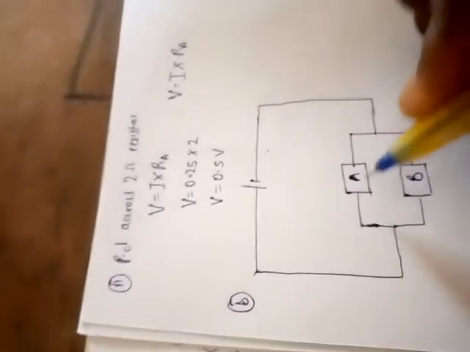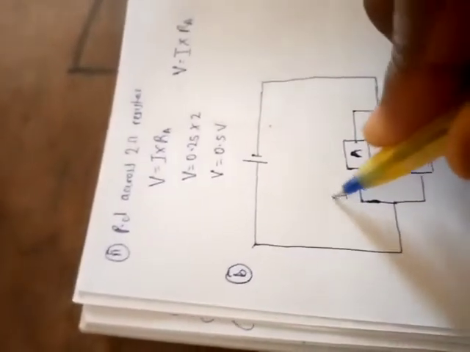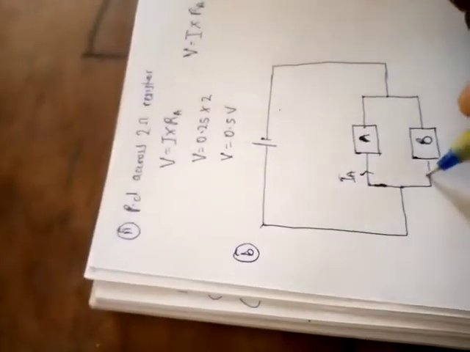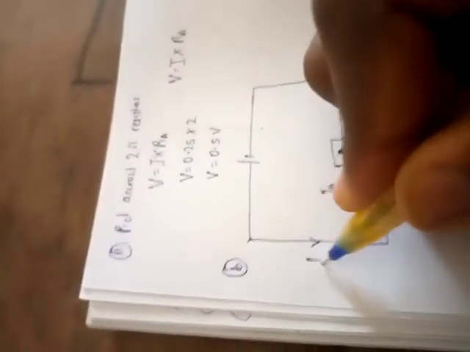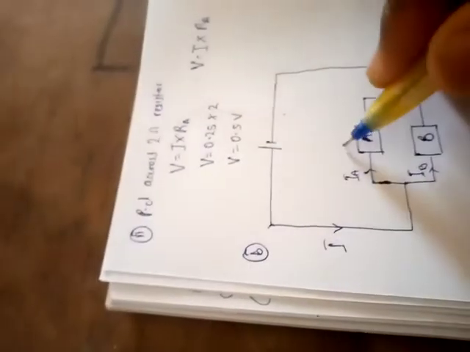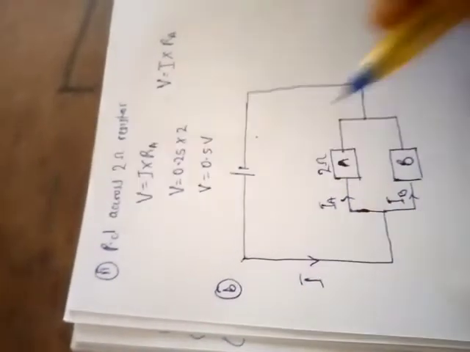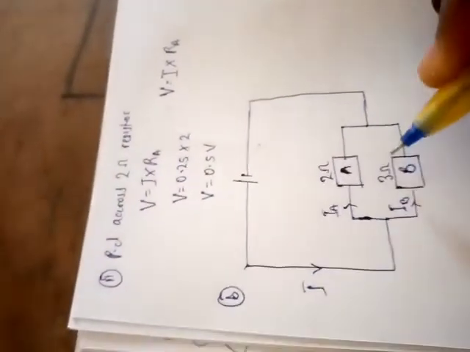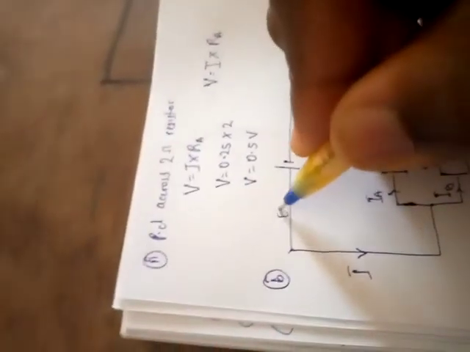We have A, B. Here we have the current that goes to A and the current that goes to B. Here we have the total current I. Here we have 2 ohms and 3 ohms. Here E is equal to 1.5 volts and internal resistance is equal to 1 ohm.